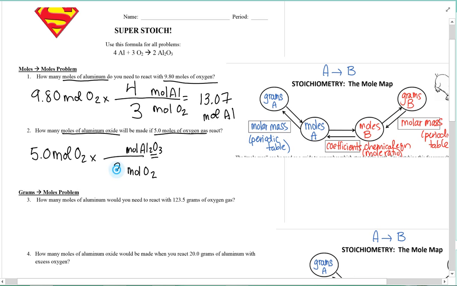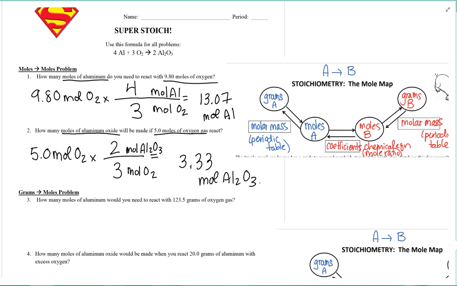So it's 3 oxygens for every 2 aluminum oxide. So it's a 2:3 ratio. On my calculator, 5 times 2 divided by 3, I end up with 3.33 moles Al2O3. I'm just going to round everything to the hundredths place for this.